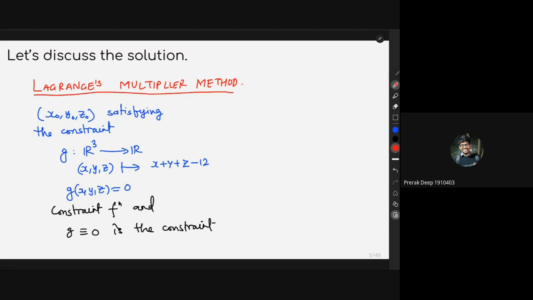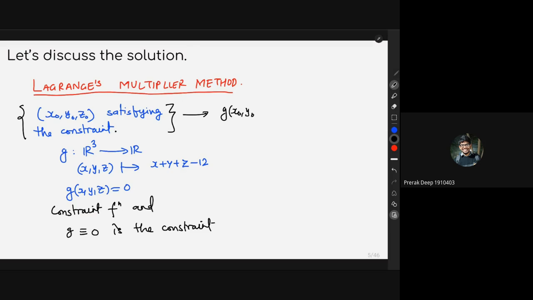Okay, so if we say that x naught, y naught, z naught satisfy the constraint, in particular we mean that g on this tuple is equal to 0, which is equivalent to saying that x naught plus y naught plus z naught is equal to 12.